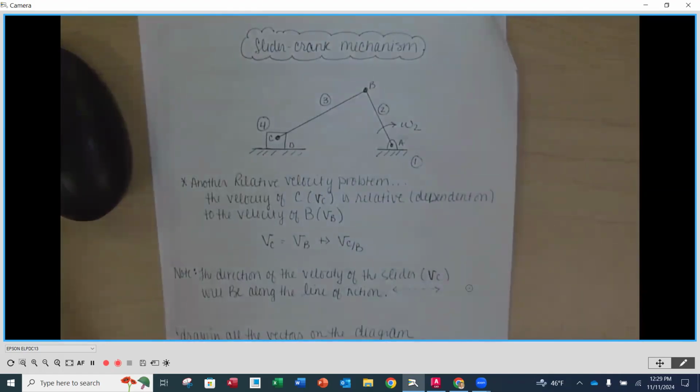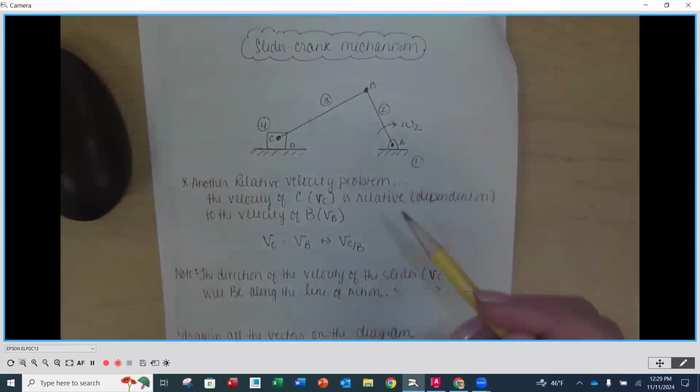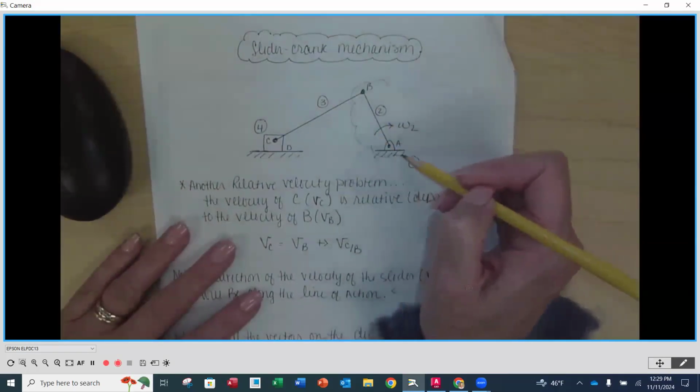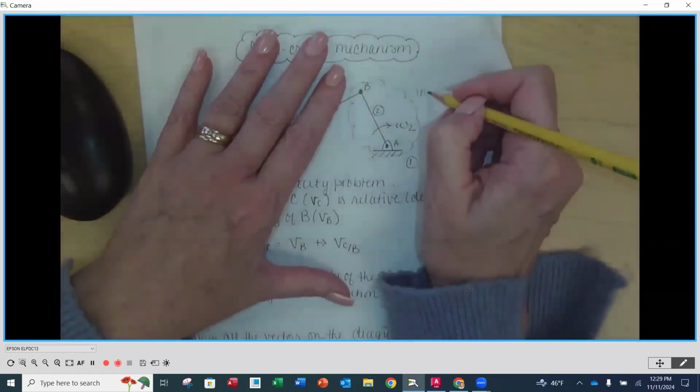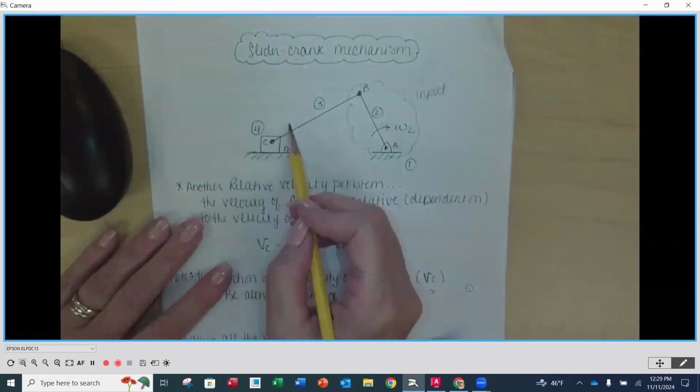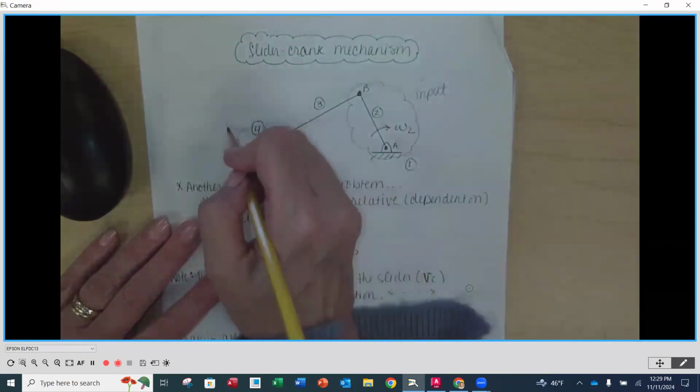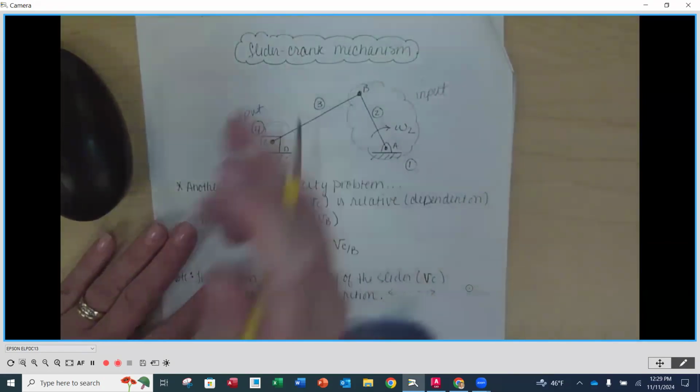We've seen this arrangement in a number of different things. We've seen it on a sewing machine. We've seen it on a reciprocating saw. We've seen it on just a regular piston in a cylinder bore arrangement, okay? These are 4-bar mechanisms that have a crank on the input. So this would be our input over here. And our slider then is going to be our output, okay?